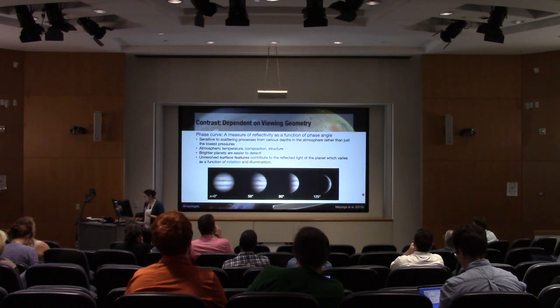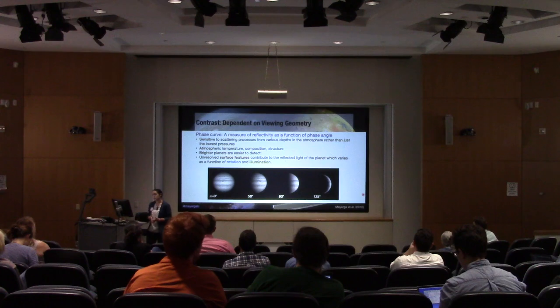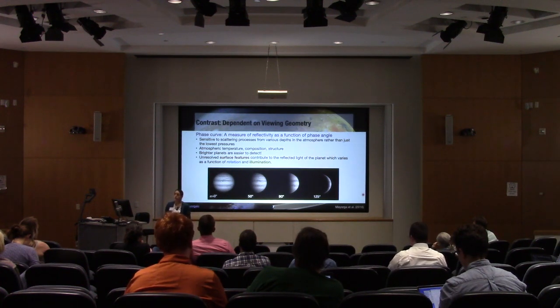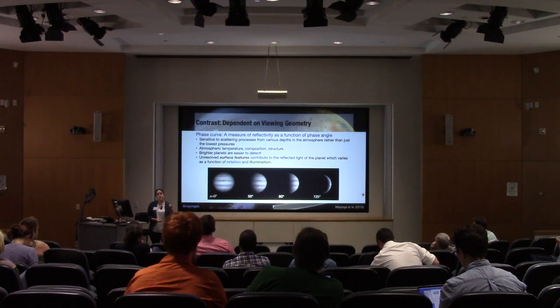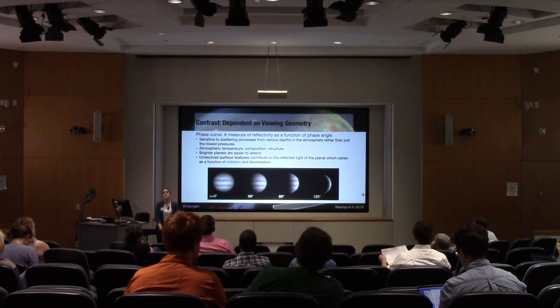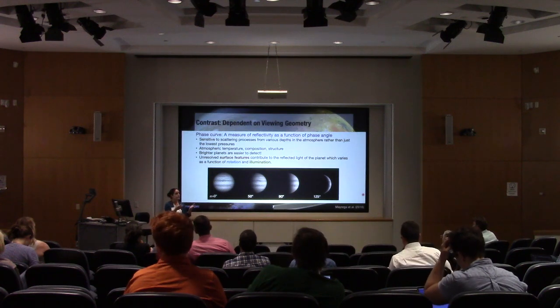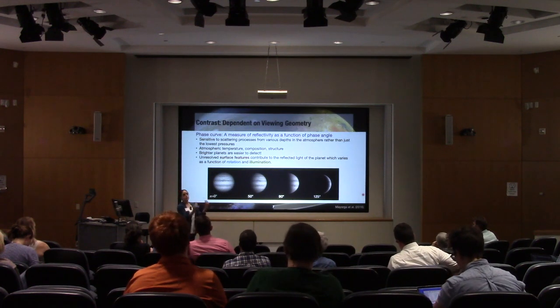So it's going to be dependent on the constituents in the atmosphere or surface that make up the disk of your planet that you're observing. Reflected light is a particularly powerful way of measuring a planet's atmosphere because it's sensitive to scattering properties from multiple places in the atmosphere. So not just single scattering, but multiple scattering. And so that reflected light signal you get is imprinted with multiple layers of atmospheric information.